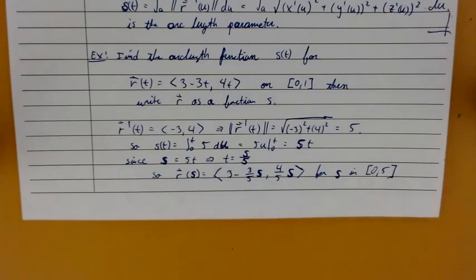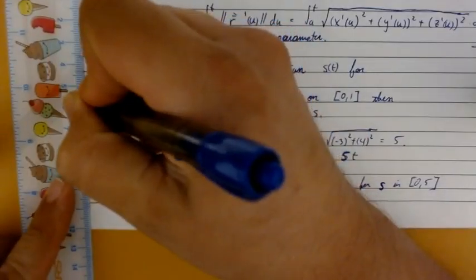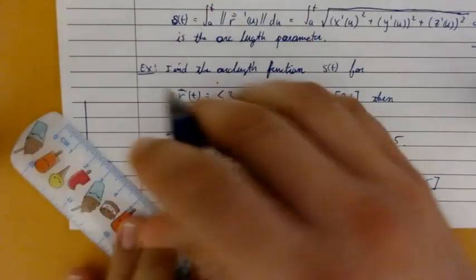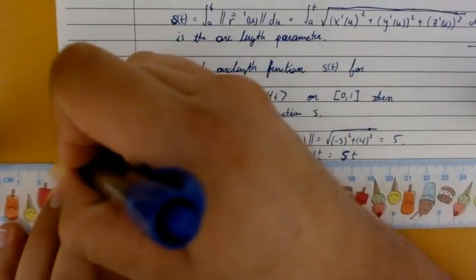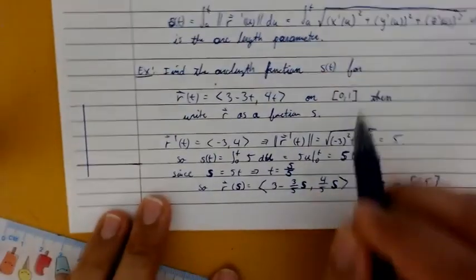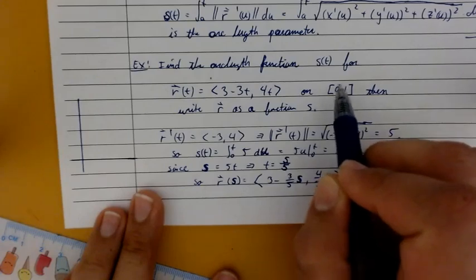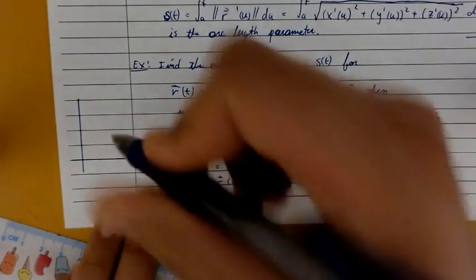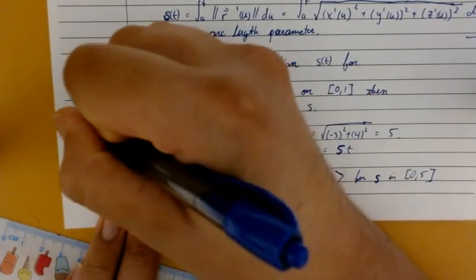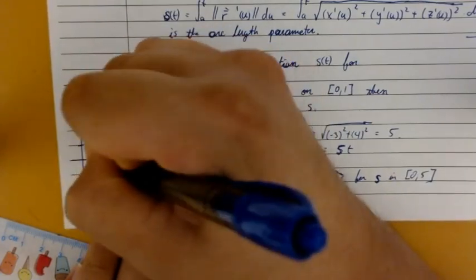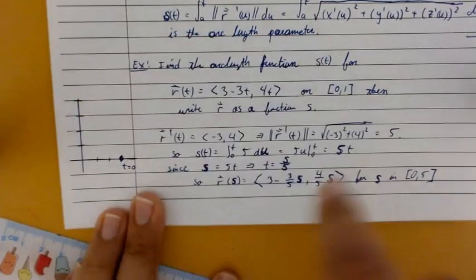As a quick illustration, if we were to draw this curve, we'd have something like this. This is a plane curve, so we don't have to draw anything in space. Now, for values of t, when t is equal to 0, this is 3 comma 0.